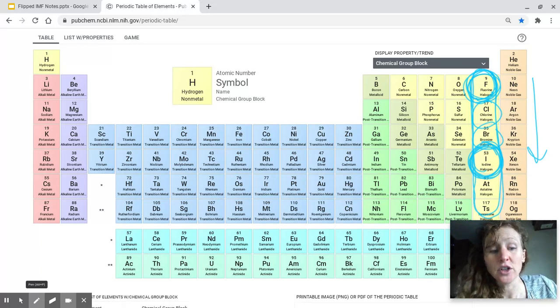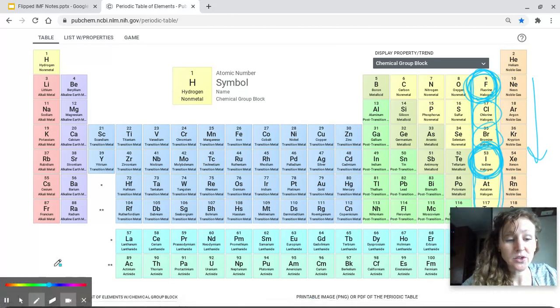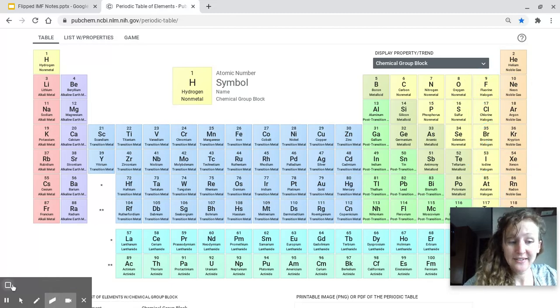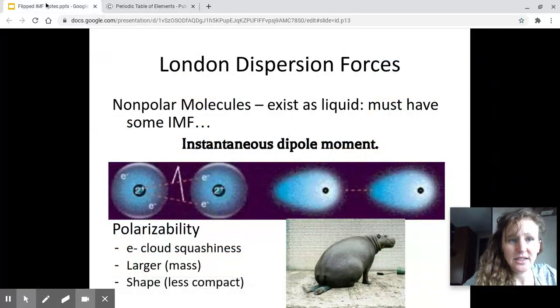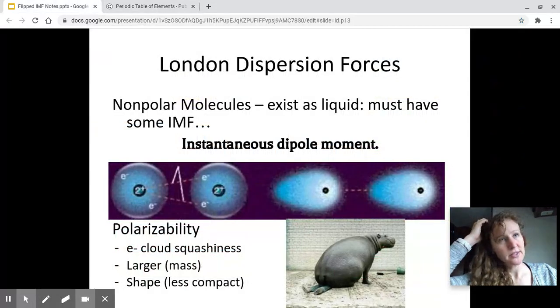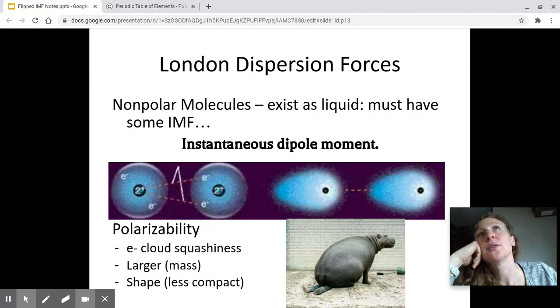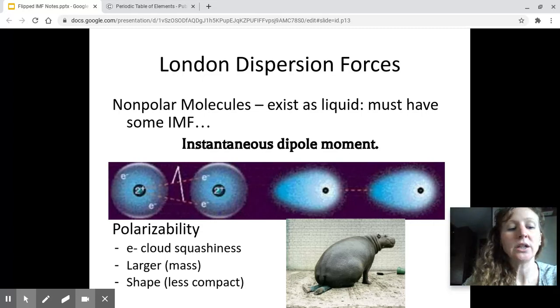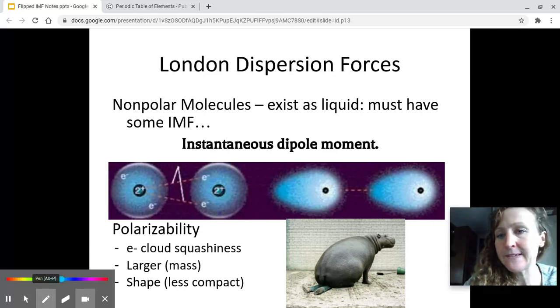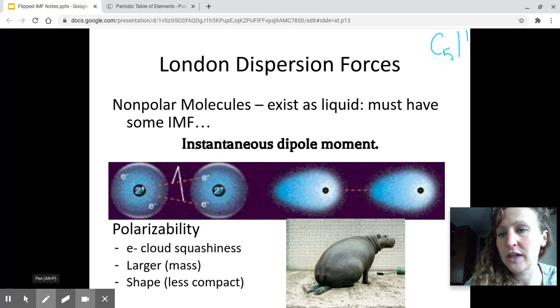The other thing you should look at is the shape of the molecule. This is really common among organic molecules. So let's look at C5H12.